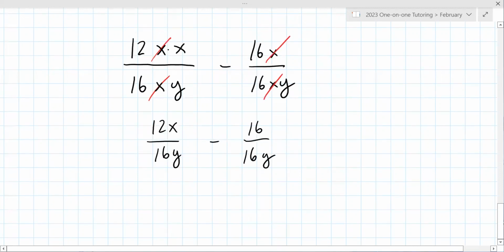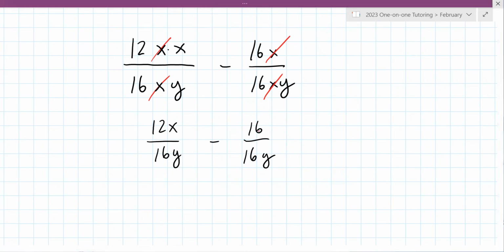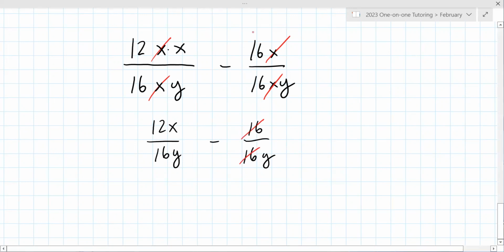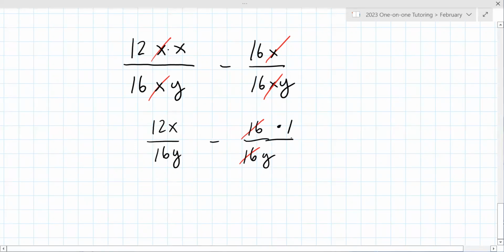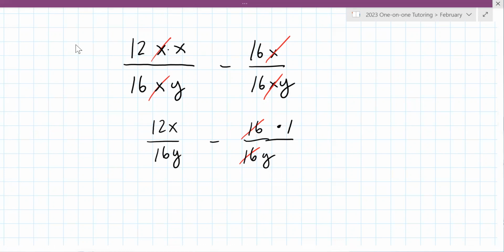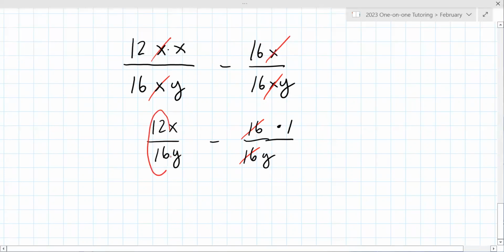Now, on the right here, you have the same number on the top and the bottom, so they will also cancel. But there's a one that remains in the top. It's not 0, it ends up being 1 that's left over. Have you seen that before? Now on the left here, 12 over 16.